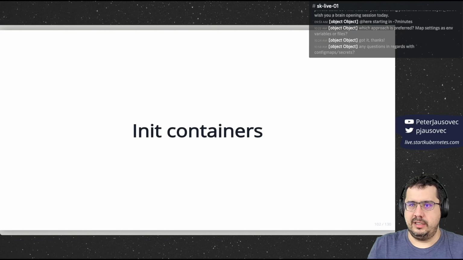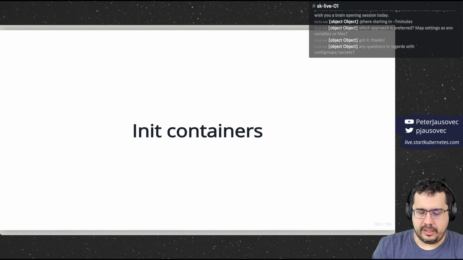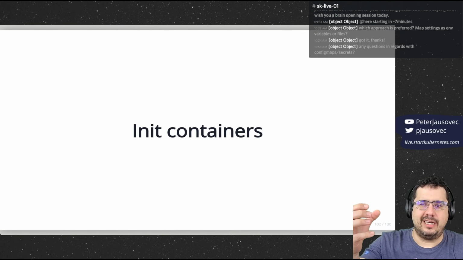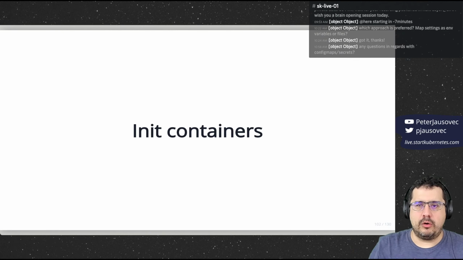Okay, so let's start with init containers. Init containers allow you to separate your application from the initialization logic and provide a way to run some initialization tasks, such as setting up permissions, setting up database schemas, seeding the data for the main application, etc. It allows you to run those tasks before your actual main application or main container runs.